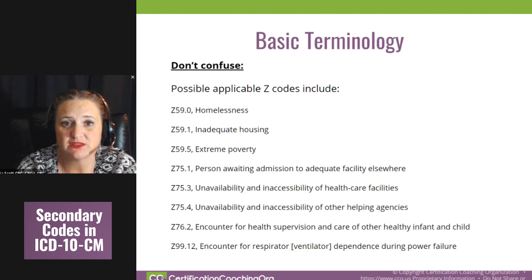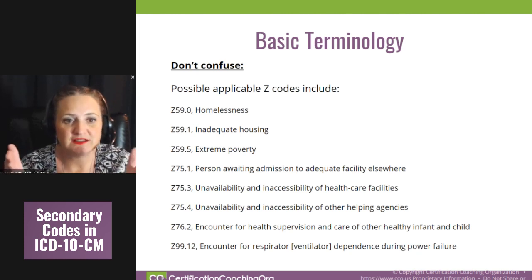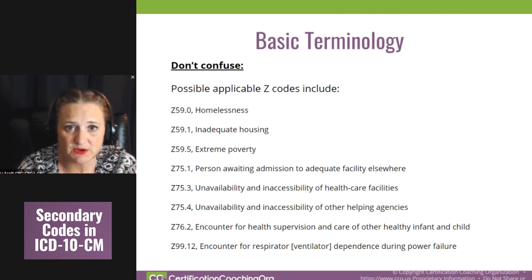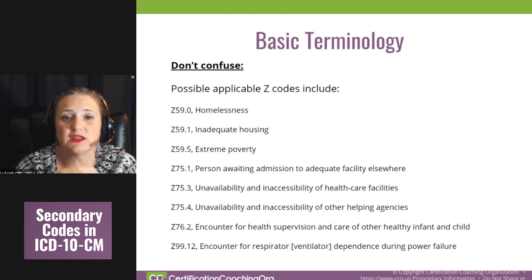They're being seen by the provider because maybe they were brought into the ER with hypothermia and frostbite on their toes. Because why? They're a Z59.0. They weren't put into the ER or admitted because they were homeless. We need more information to explain the story, right?